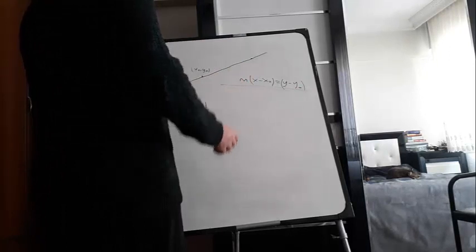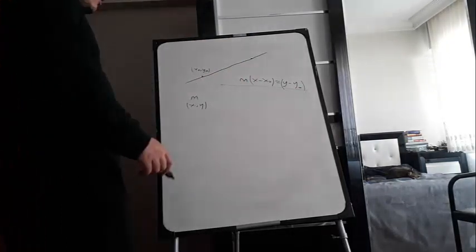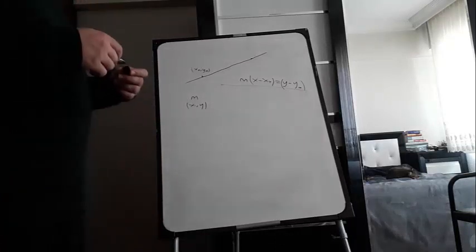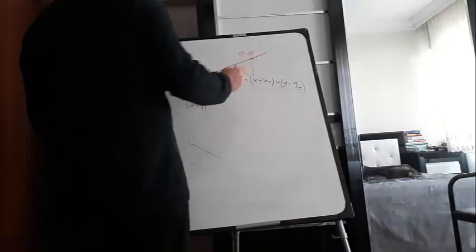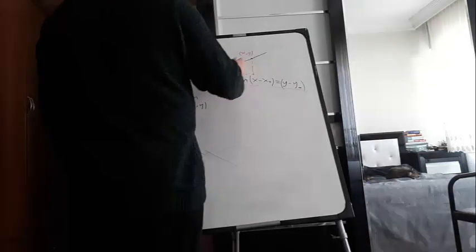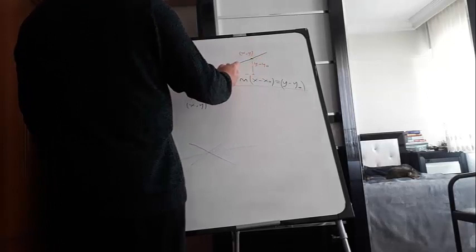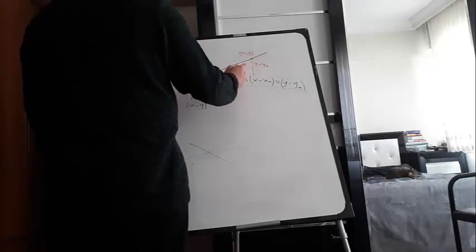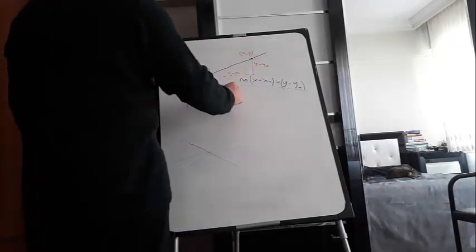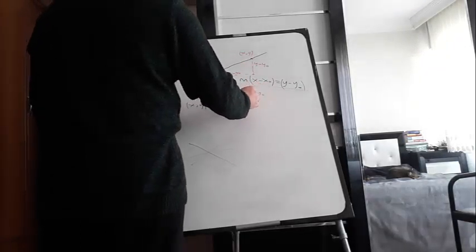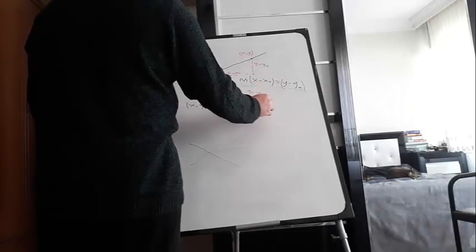It gives us the equation of the line. Here is y minus y0, and here is x minus x0. The slope is y minus y0 divided by x minus x0.